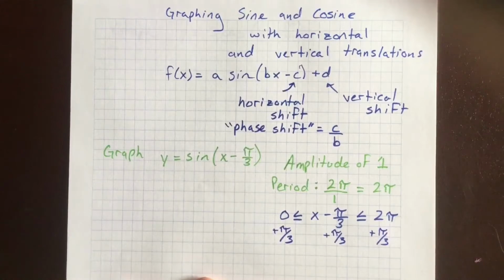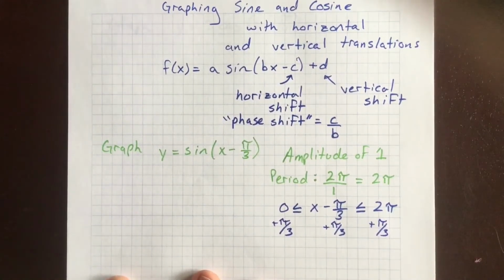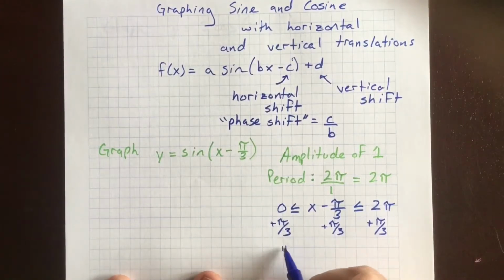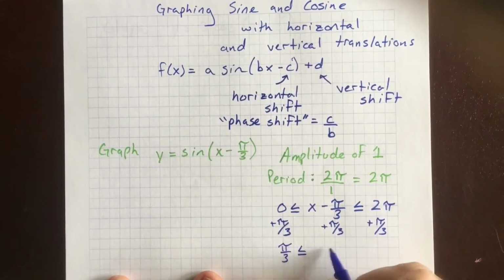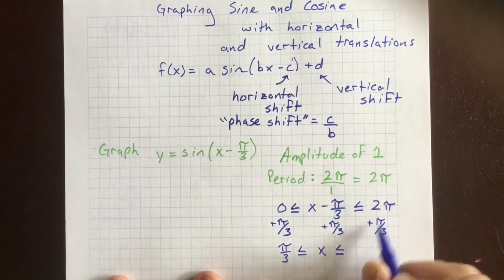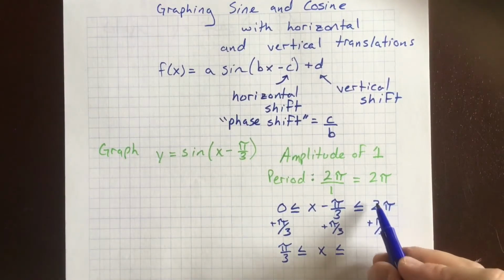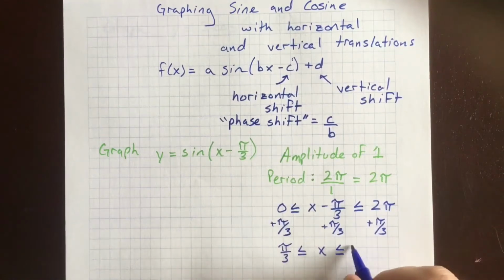Because right now our phase shift might not seem too clear. It's going to be soon. So when I do this, we get pi over 3 less than or equal to x, and then 2 pi over 3 is essentially 6 pi over 3. So 6 pi over 3 plus 1 pi over 3 is 7 pi over 3.